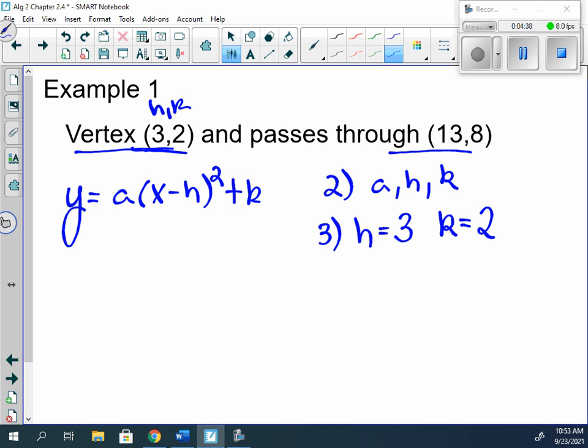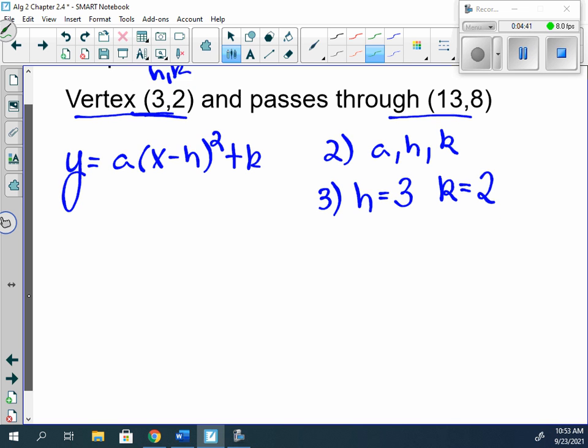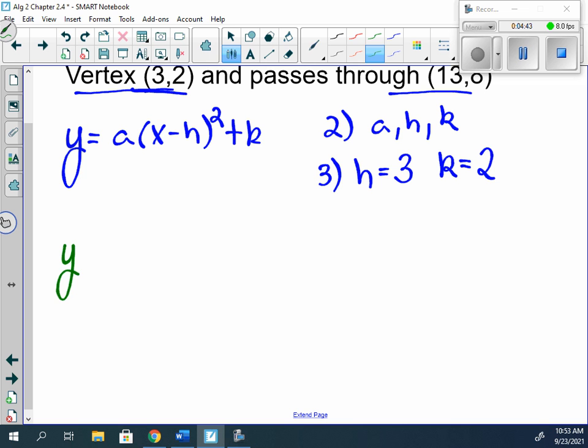And if so, do. So really what we have at this point is that y is equal to a times x minus what? Well, h is 3, squared plus 2. So on step 4, we can write that down.